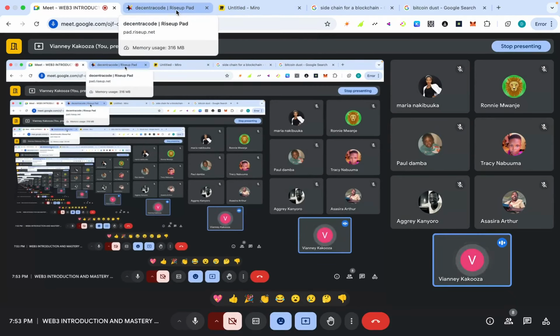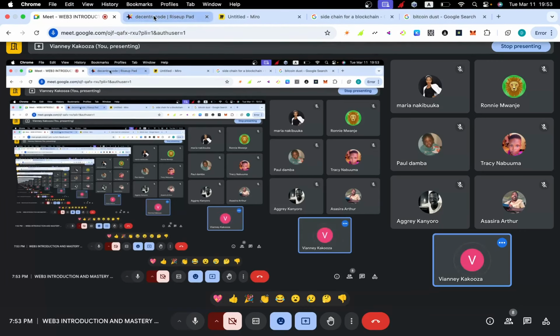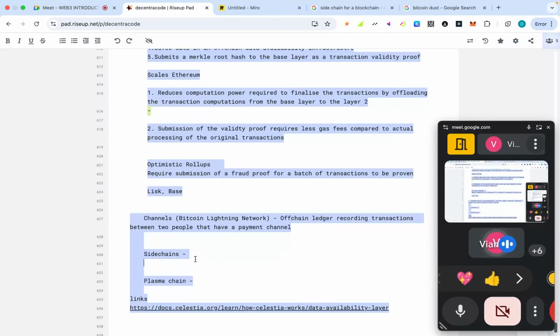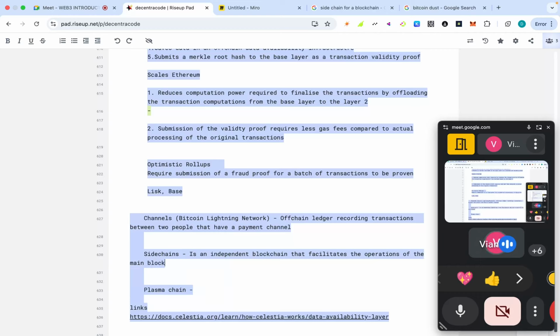Now a plasma chain is also like an ecosystem of so many blockchains that are independent. Some of these are not very detailed. Let me just say it is an independent blockchain that facilitates operations of the main blockchain.